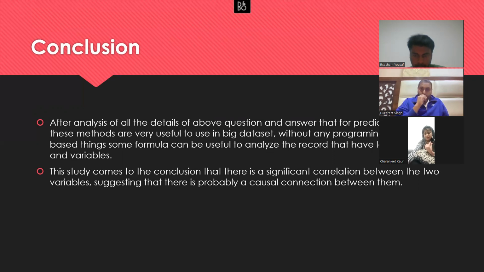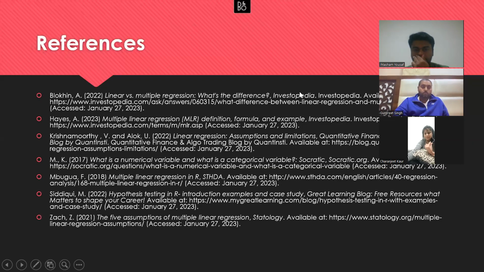This study comes to the conclusion that there is a significant correlation between the two variables, suggesting that there is a probability of using the connection between them, and the references taken are on the other slides.